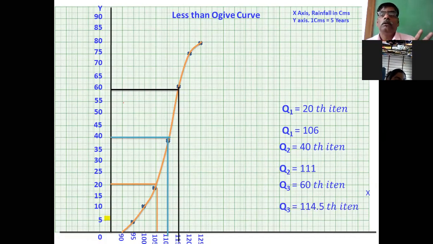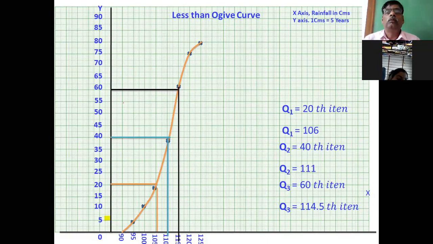Because of the computer work, my lines are not exactly correct. So you draw exactly correct lines in your graph and ascertain the value. Okay. This is the method of calculating Q1, Q2, Q3 with the help of the graph. And for Q1, Q2, Q3, you draw the less than ogive curve.